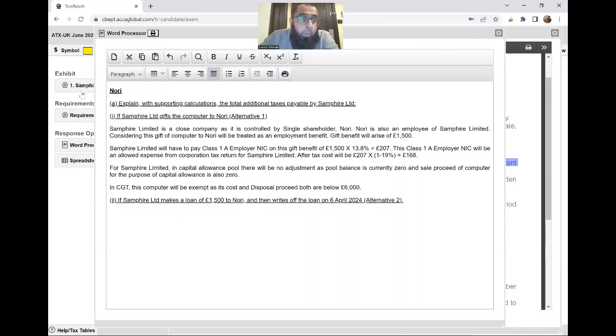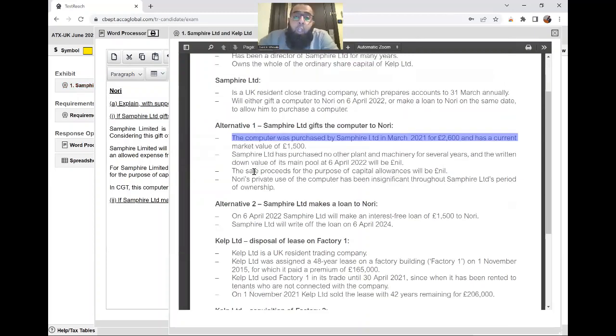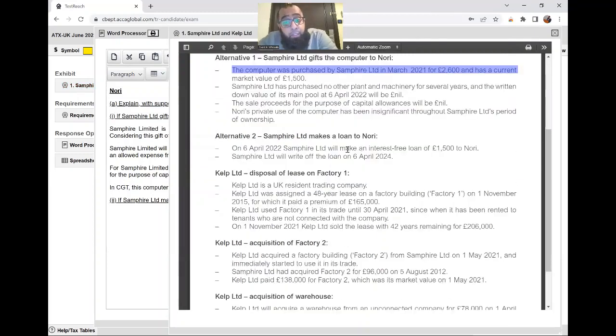Now, we will go to the exhibit and we will read alternative 2. On 6th April 2022, Samphire Limited will make an interest-free loan of £1,500 to Nuri. Now, if you people remember, when a closed company gives a loan to its shareholder, please tell me.